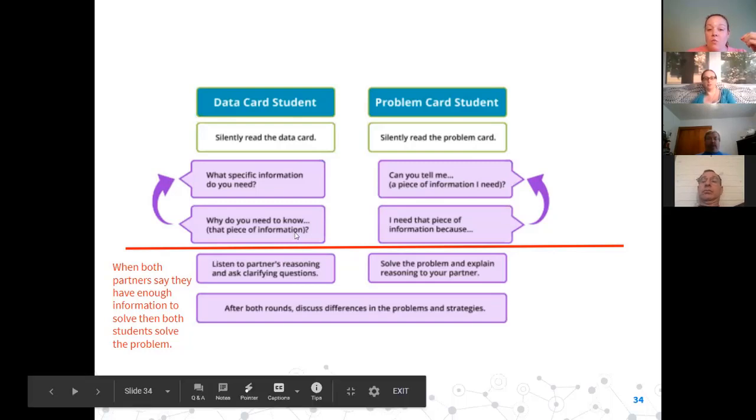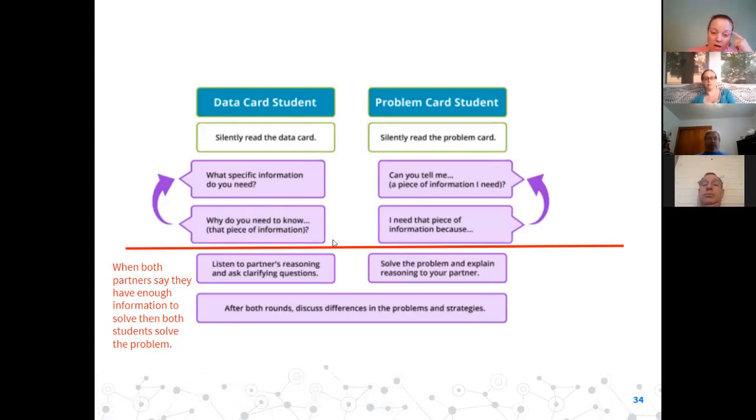So by asking, why do you need that information? Then as a data card person, I'm making note because I'm trying to figure out this question. So before we both start solving, we have to know what the other's card basically says. So the problem card needs to make sure they have the information. The data card has to be sure that they can find the question that they're starting to solve.